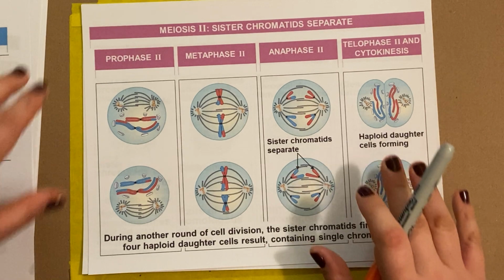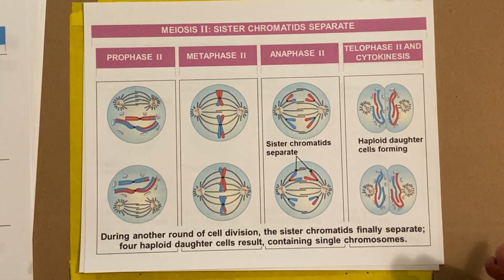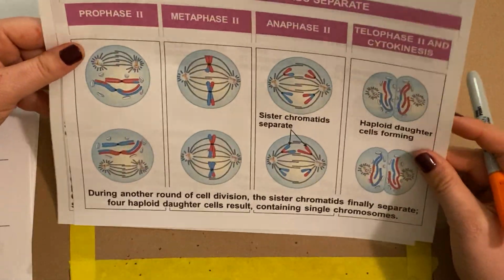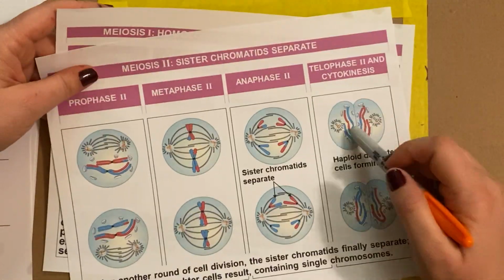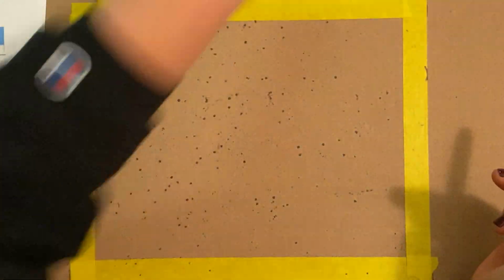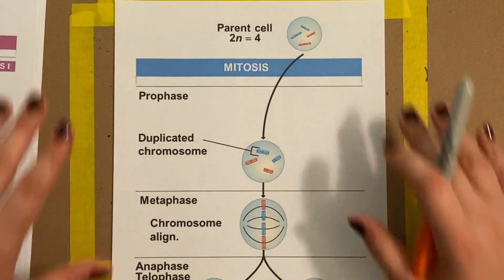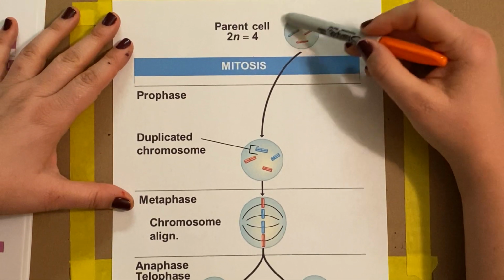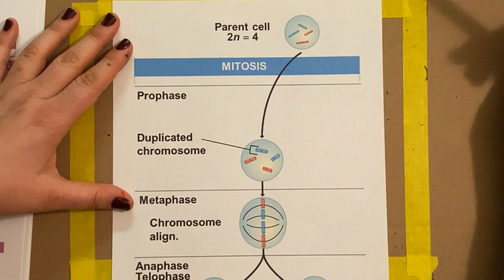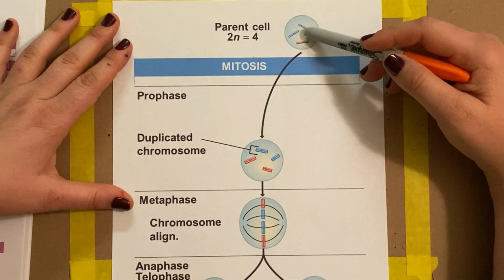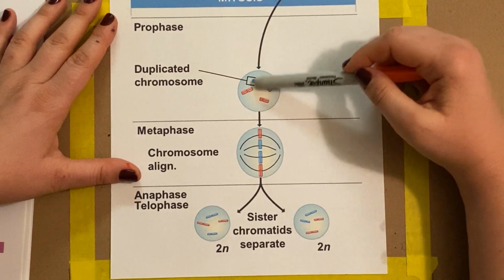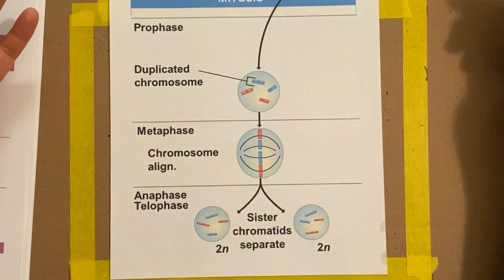Okay, so that is quite different from the actual process of mitosis in the fact that we end up with 4 non-identical cells. And so I just wanted to, again, compare and contrast mitosis and meiosis. So if this is our parent cell for mitosis, we're not doing all the individual stages, but you're going to ultimately duplicate all of your chromosomes.